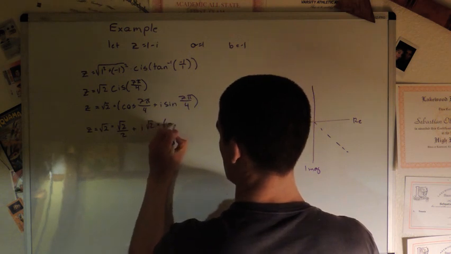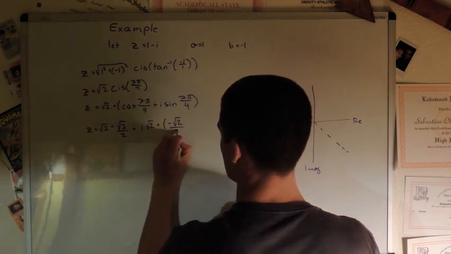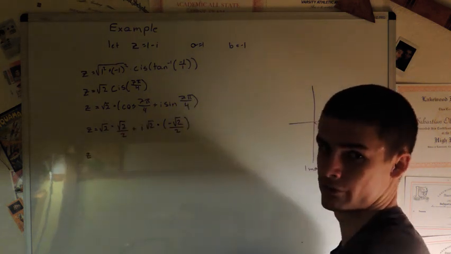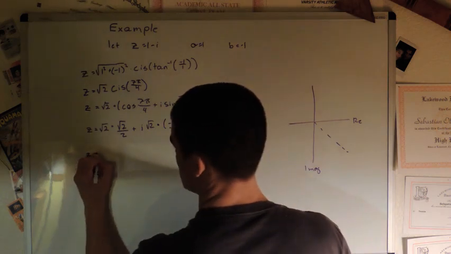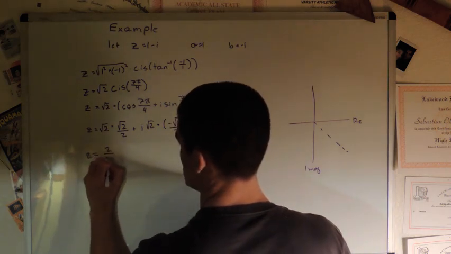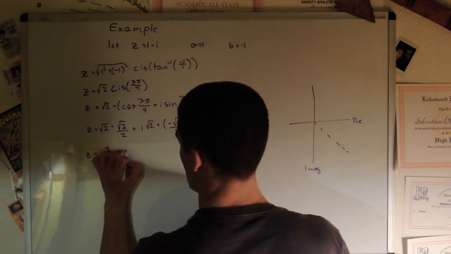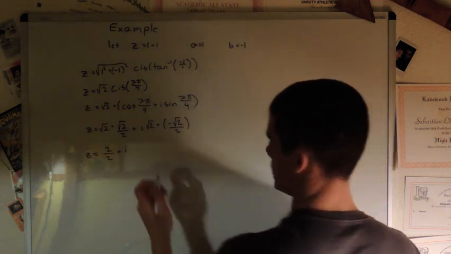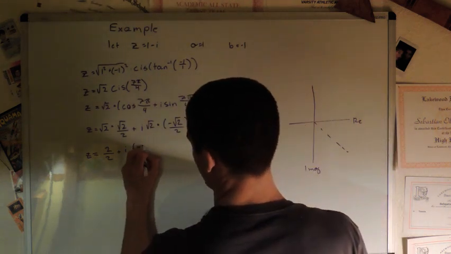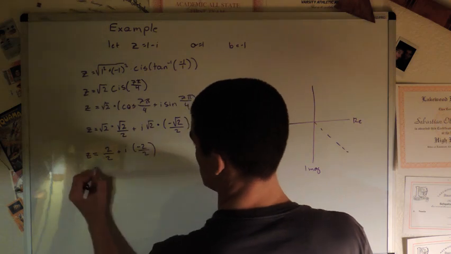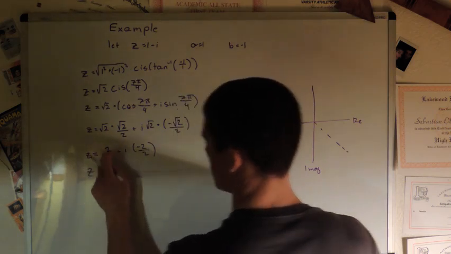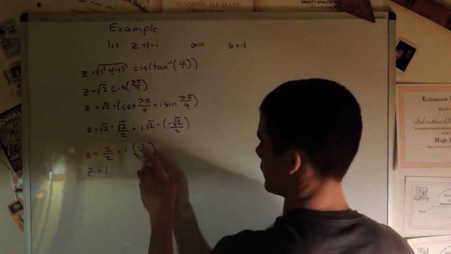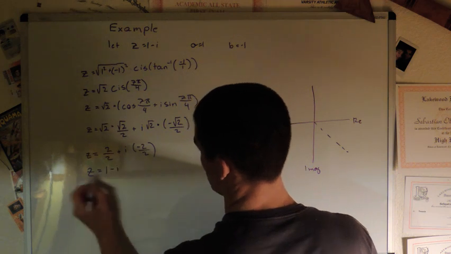The square root of 2 times the square root of 2 is 2, so 2 over 2 plus i times negative 2 over 2. Anything over itself is 1, so z equals 1 minus i.